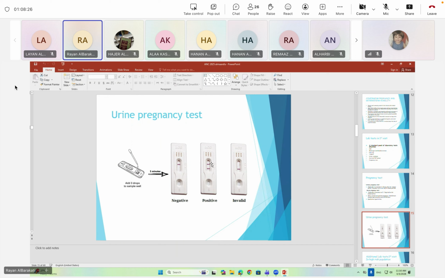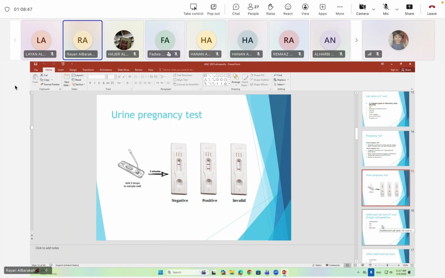If you have two lines, this is positive. If the control is positive and the test has no line, this is negative. If the test is positive but the control has no line, this means it is invalid and not reliable. You need to repeat it with a new test.